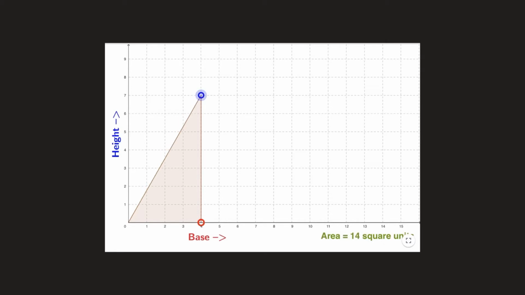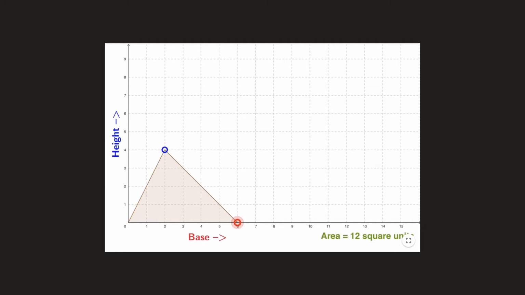I go back to 7, the height's 7, the base is 4. Okay, if I move it, the height is 2, the base is 2, the area is 2 square units. The height is 4, the base is 6, the area is 12 square units.